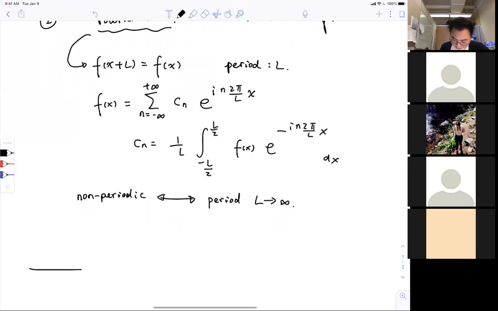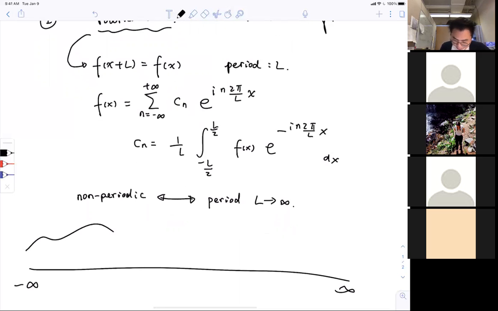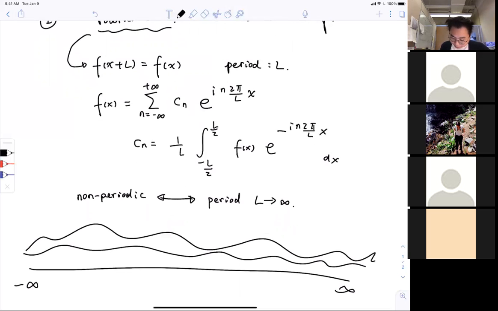Meaning, imagine if you have a function that has infinite period, meaning that you can draw anything you want from minus infinity to plus infinity. So there's no, it's not a periodical function anymore.